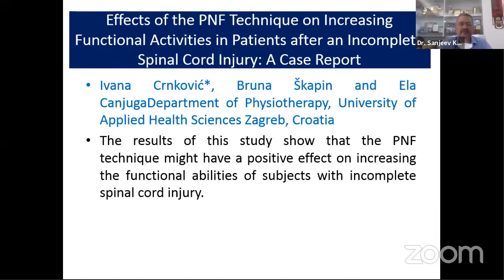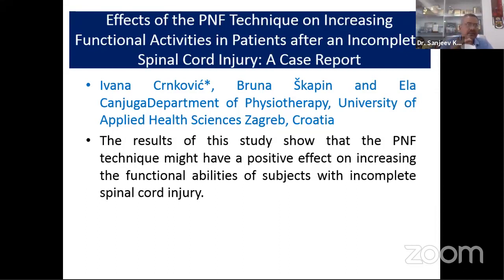This is one study in which the effect of the PNF technique for increasing functional activity in patients after an incomplete spinal cord injury was studied by one of the researchers. Details I have given. The result was what? This study shows that PNF has some good and positive effect. Now, what does it mean? It only means we can use PNF even in case of spinal cord injury.